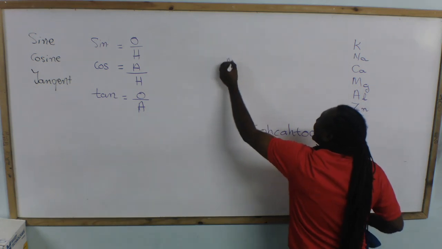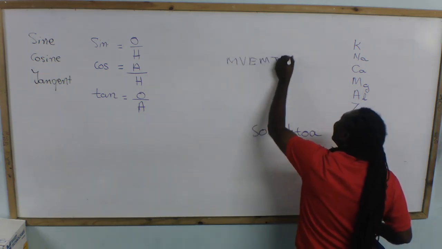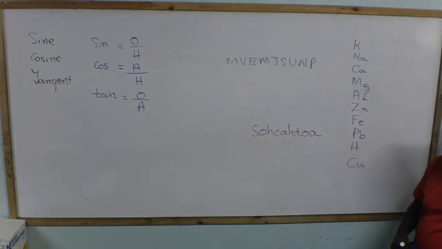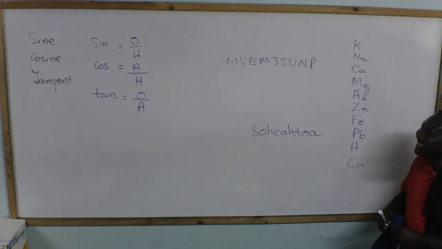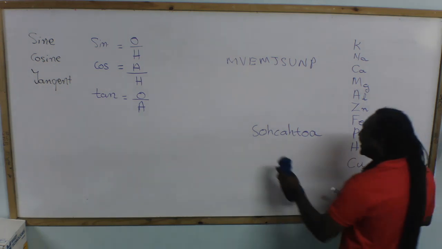Yeah. And you also have this about what? My very educated mother just sent us 9 parties. My very educated mother just serve us in a pot. Or my very educated mother just showed us 9 buttons. Okay.